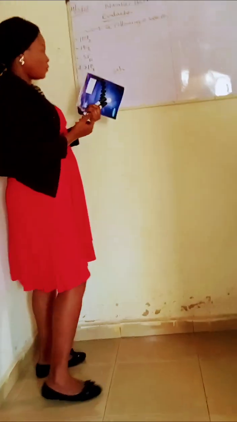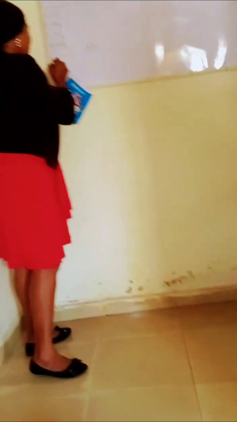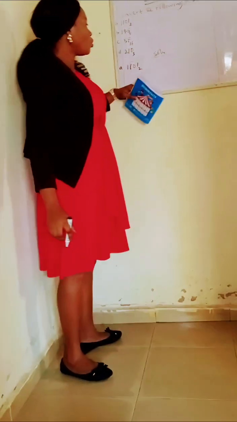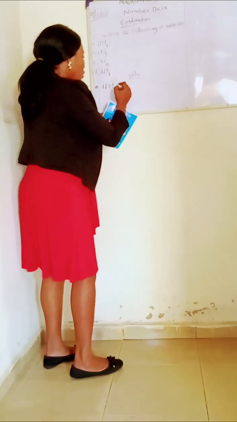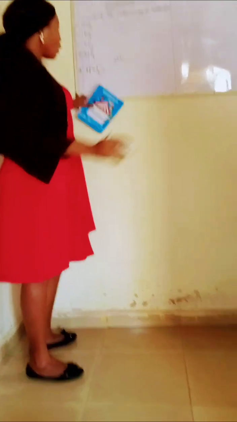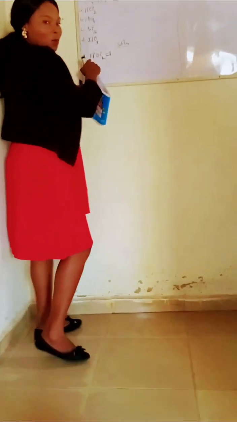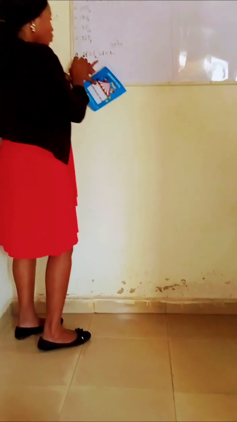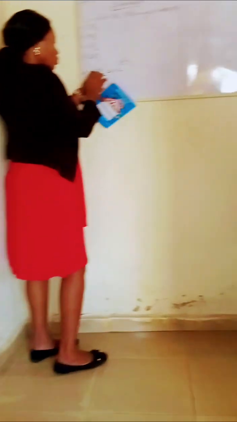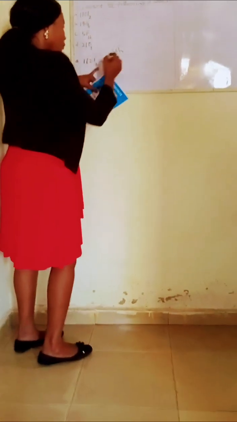So let's look at the first one. We have A: 11012. We want to convert this from base 2 to base 10. I'm going to bring out the first number, 1, times your base 2 raised to power, count the number that is left, 1, 2, 3. So we have 1 raised to power 3.